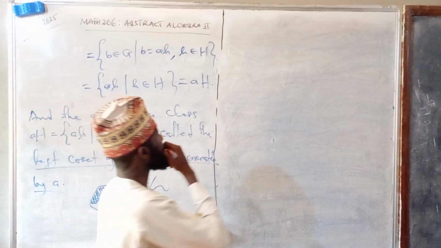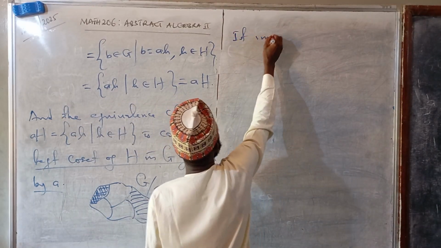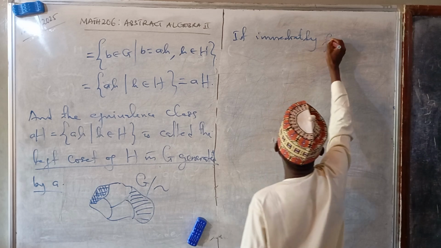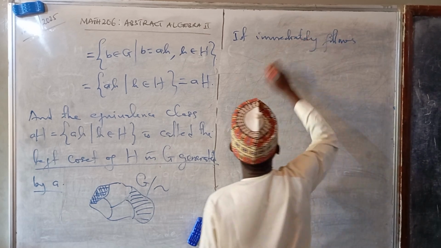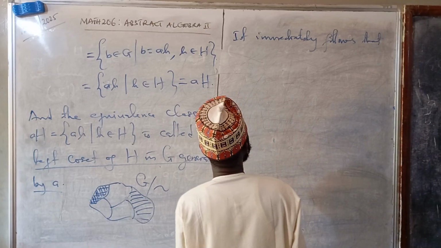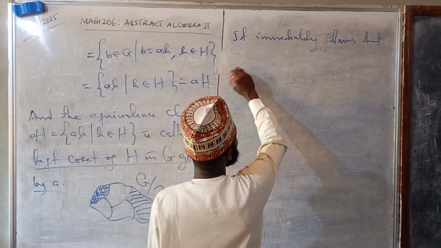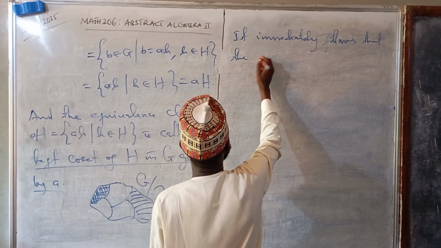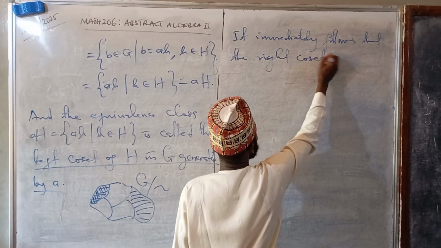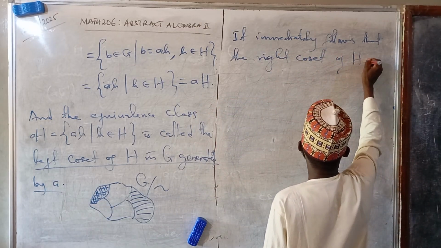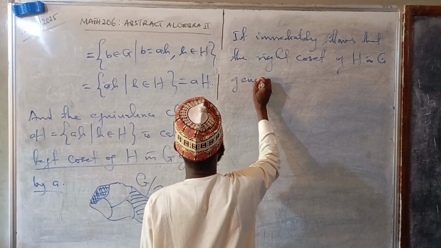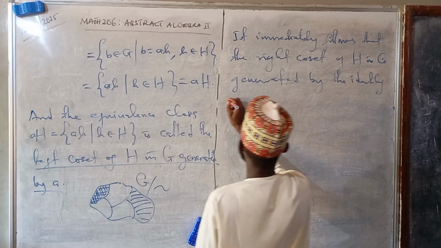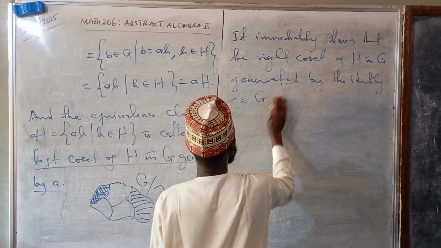It immediately follows that for the identity element, the right coset of H in G generated by the identity e of G is what?